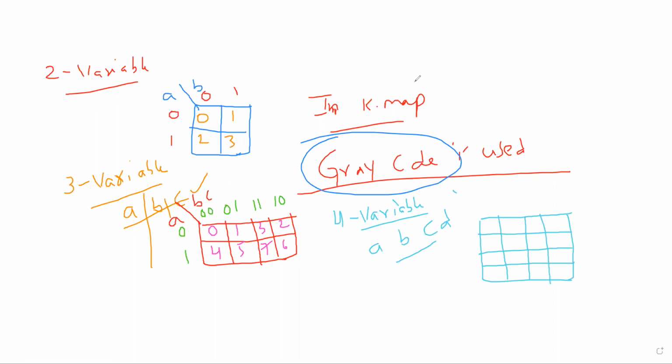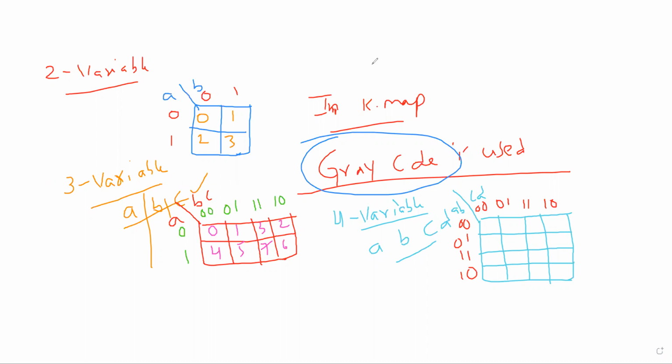Once again, if you observe, here it will be the first two variables AB, and here it will be CD. Then the notations here are 0 0, 0 1, 1 1, 1 0, and here also 0 0, 0 1, 1 1, 1 0.